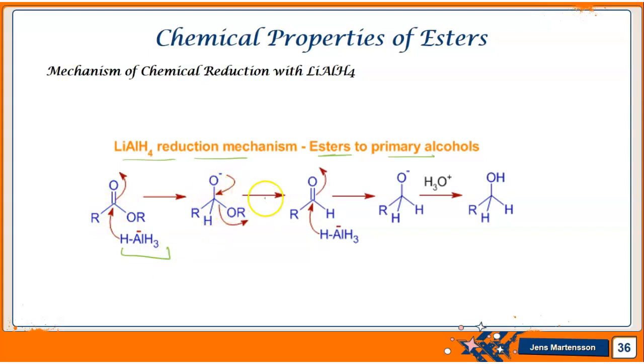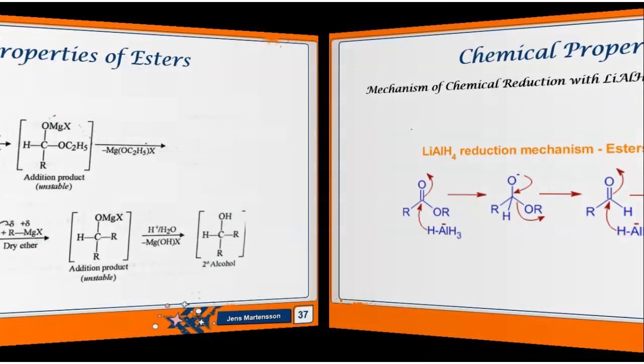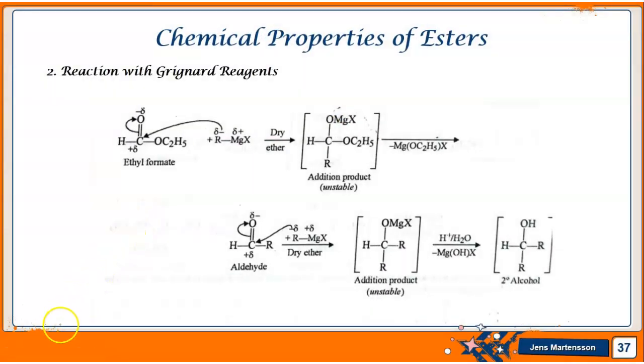Then the alkoxide ion will be released from here, and it results in the formation of this aldehyde, which again accepts hydride. The hydride ion will be attacking this electrophilic carbon, which results in the formation of this primary alcohol after hydrolysis. So that is quite similar to the previous mechanism.